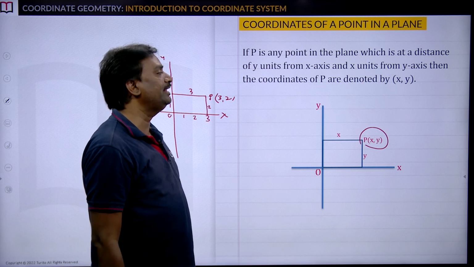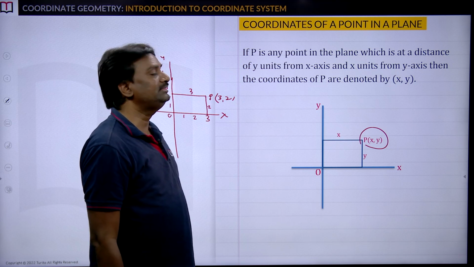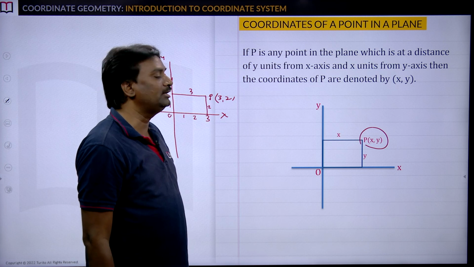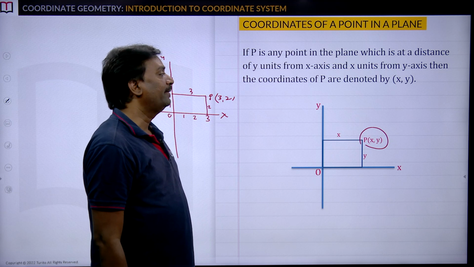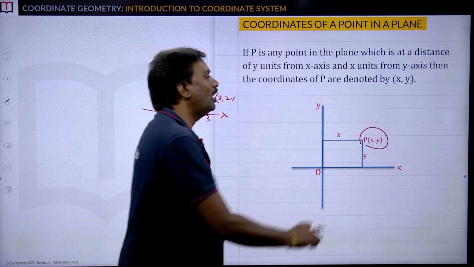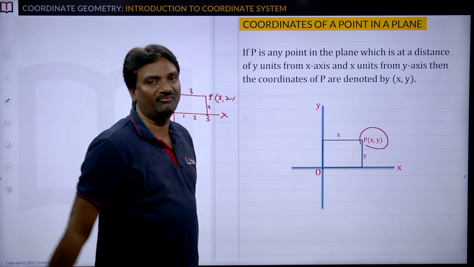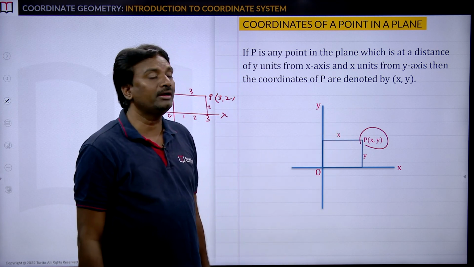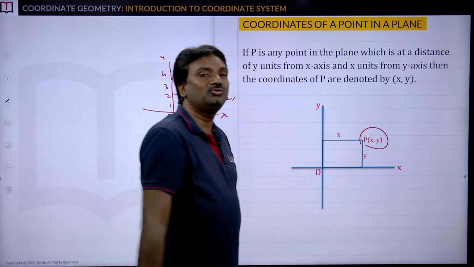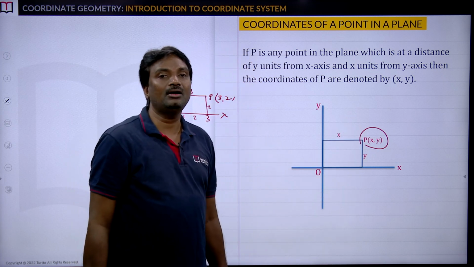If P is any point in the plane which is at a distance of y units from the x-axis and x units from the y-axis, then the coordinates of P are denoted by x comma y. As I told you, x is known as the x-coordinate or abscissa and y is known as the y-coordinate or ordinate.